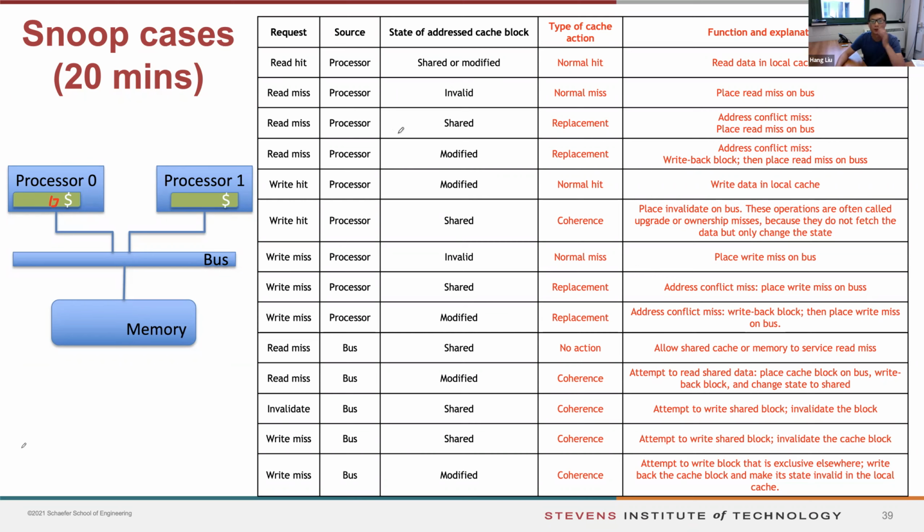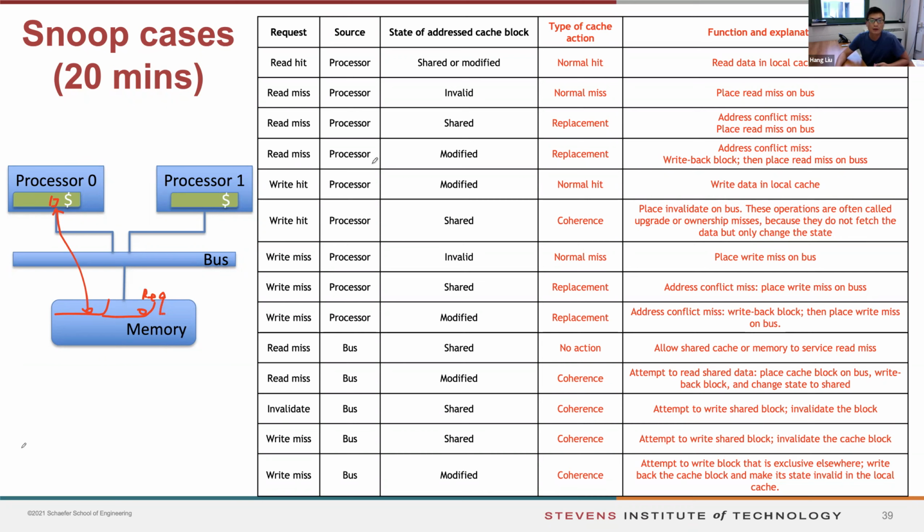Either way, you put a read miss on the bus and then you read the data. If you have a shared status and still have a read miss, it means you have an address conflict. You probably have some data here, but actually you're requesting this other one, so you have to replace the block.